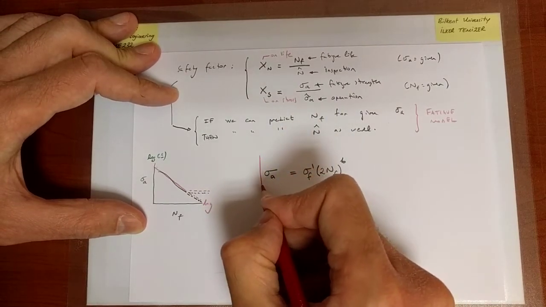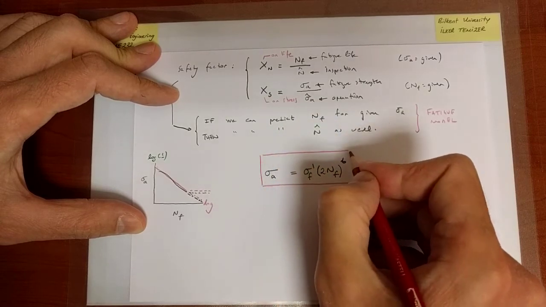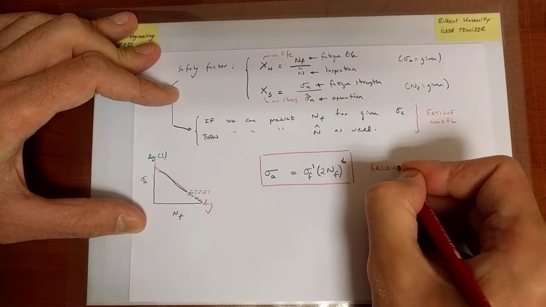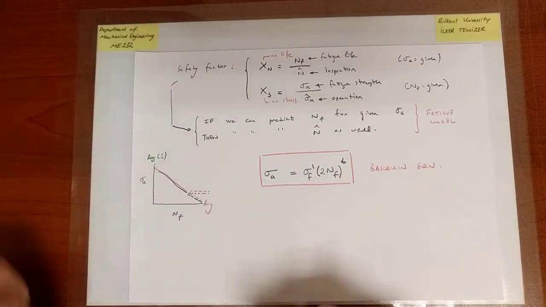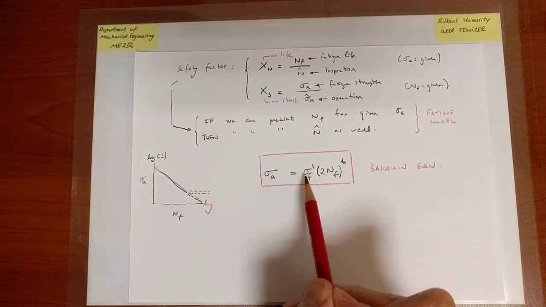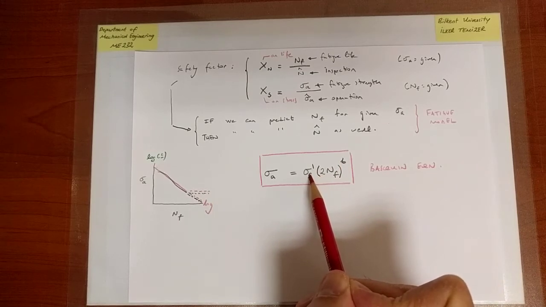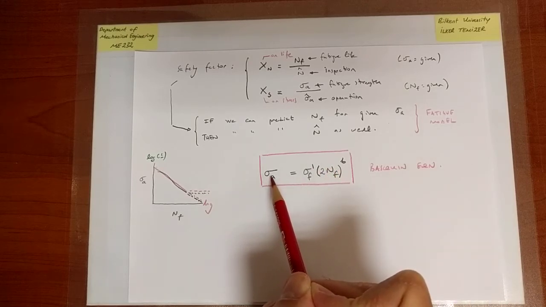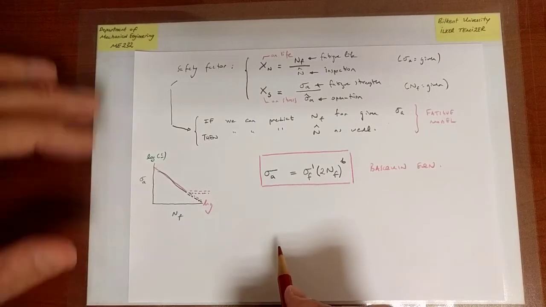This model was proposed a long time ago by Basquin. So this is the Basquin equation that governs fatigue. And therefore, if I know for a given material what the exponent b and the coefficient sigma f prime are, then for a given target life I can determine the stress amplitude, or for a given stress amplitude I can determine the corresponding fatigue life.